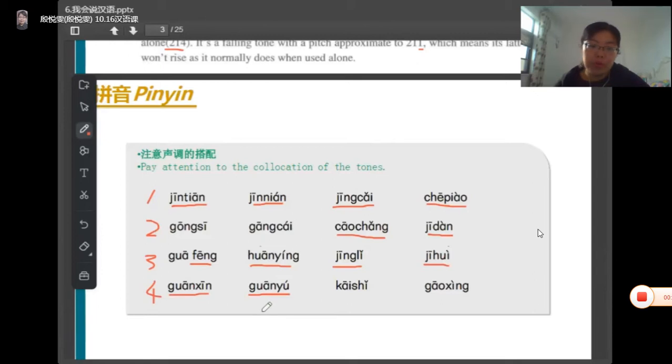Next one, 开始，开始 means start. Let's start our class. 我们开始上课，开始 means start.